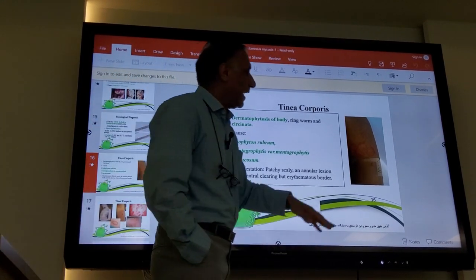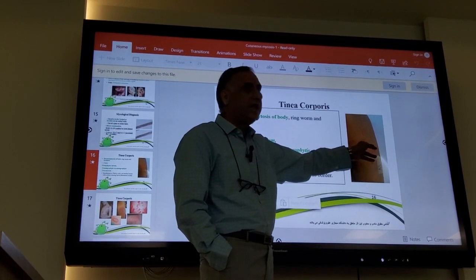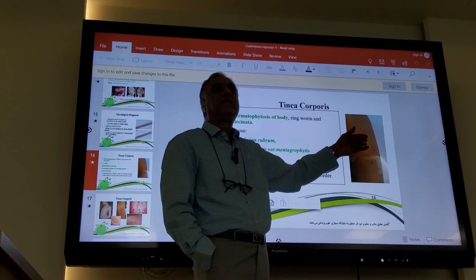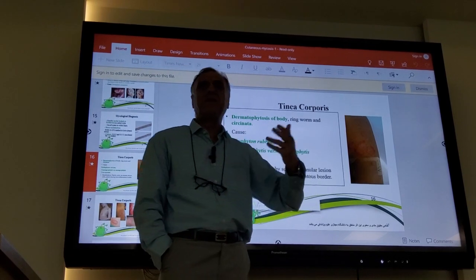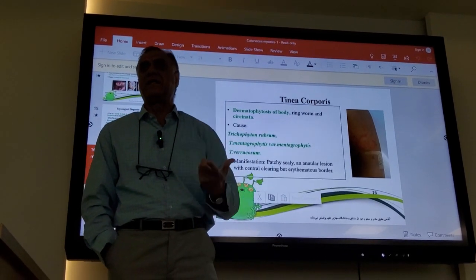You must pay attention to a ring form of lesion with inflammation, with redness.